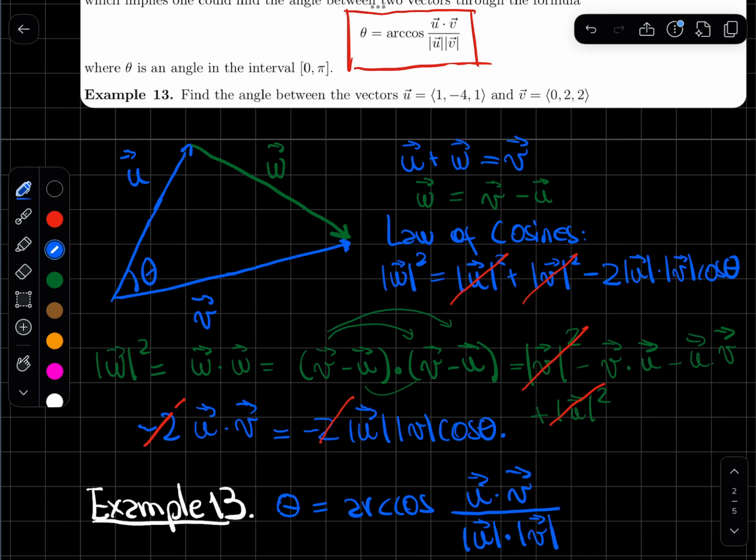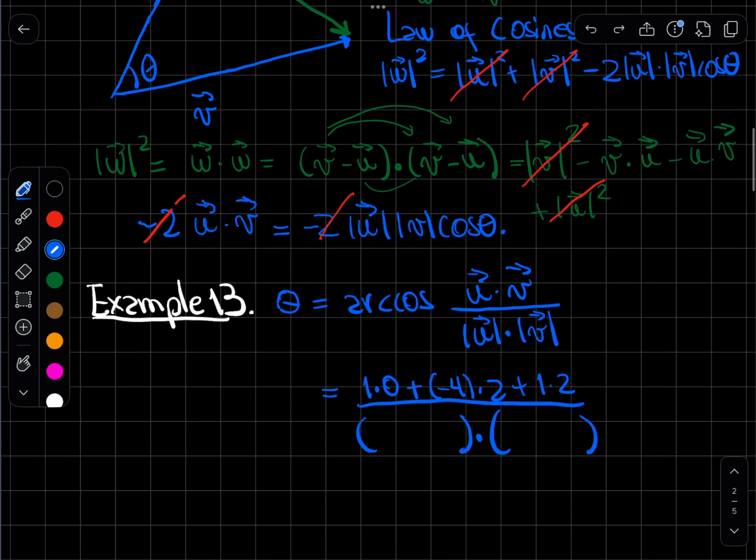The magnitude of u is the square root of 1 squared, negative 4 squared, plus 1 squared, adding all of these.